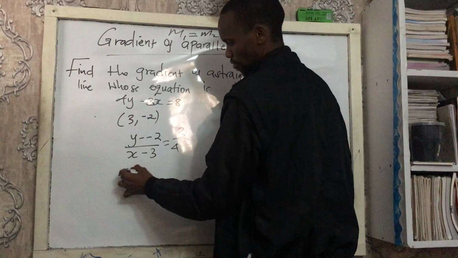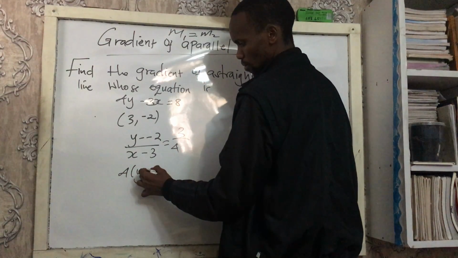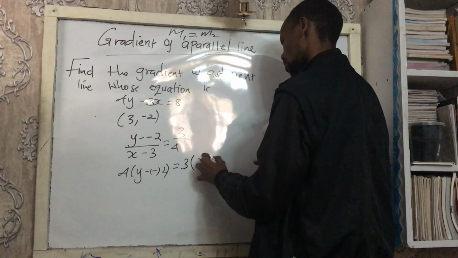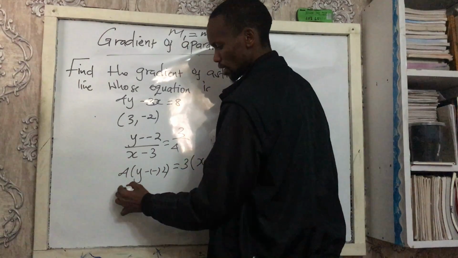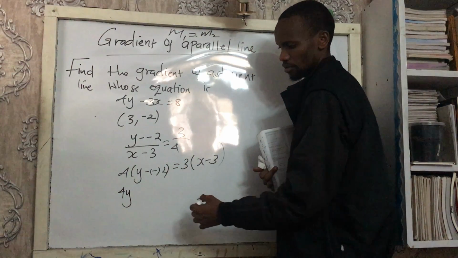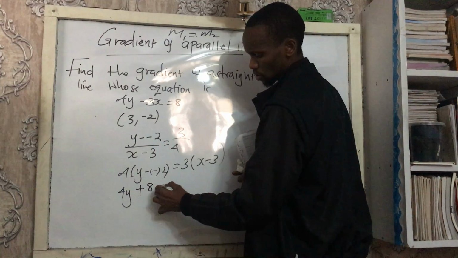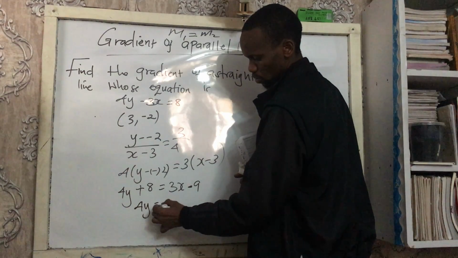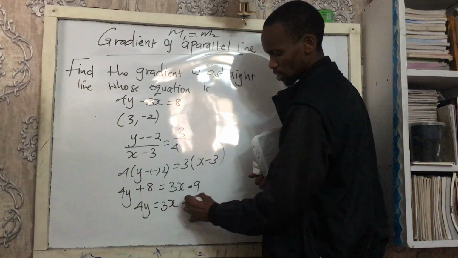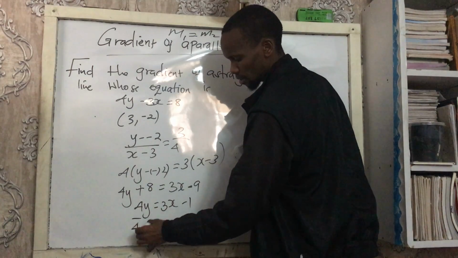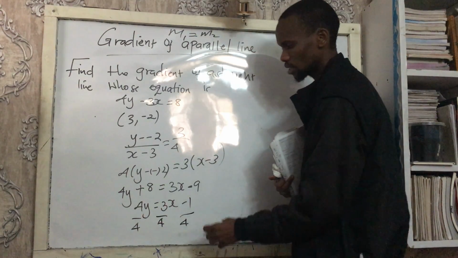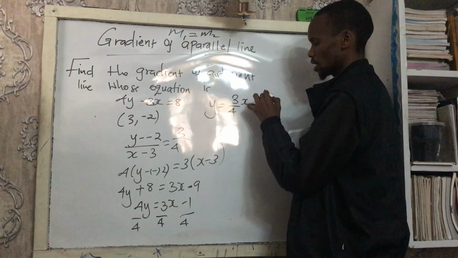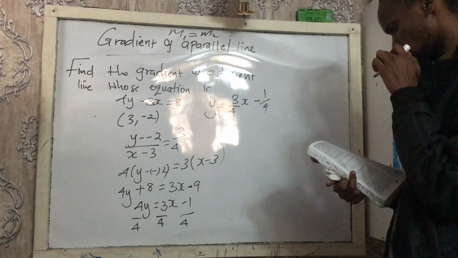Cross multiply: 4 into bracket y minus minus 2 equals 3 into bracket x minus 3. 4y plus 8 equals 3x minus 9. 4y equals 3x minus 17. Divide by 4. So our equation will be y equals 3 over 4 x minus a quarter.